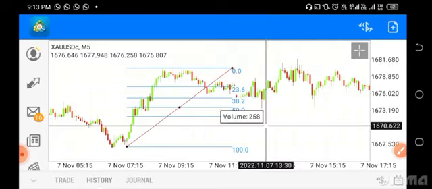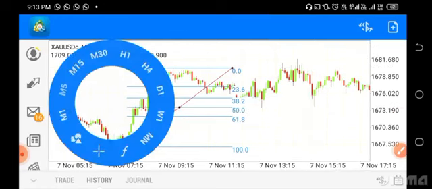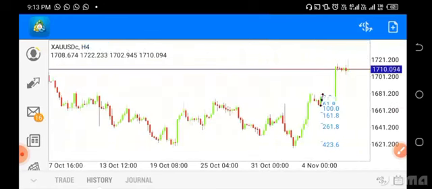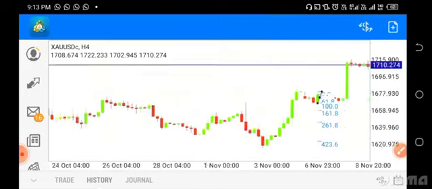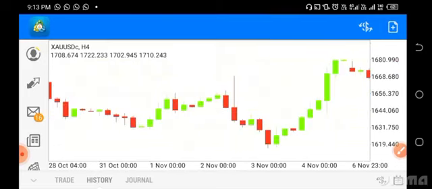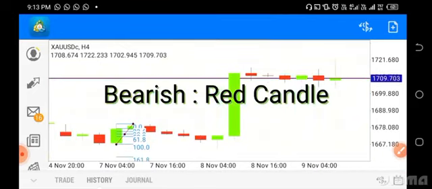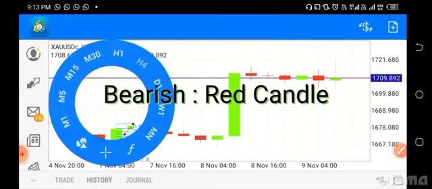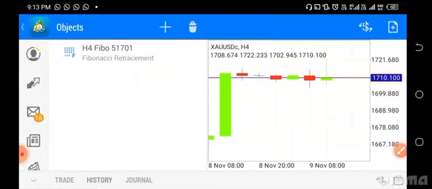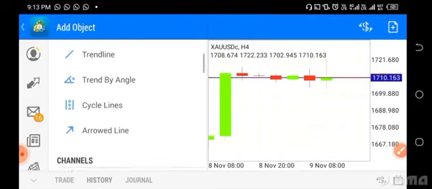And now we check how you can do it in a red candle, when the market is forming a red candle, meaning bearish type. First we go to Fibonacci again, and the levels 0.23, 0.50, 0.61, 0.73 or 100 are called golden ratio levels.